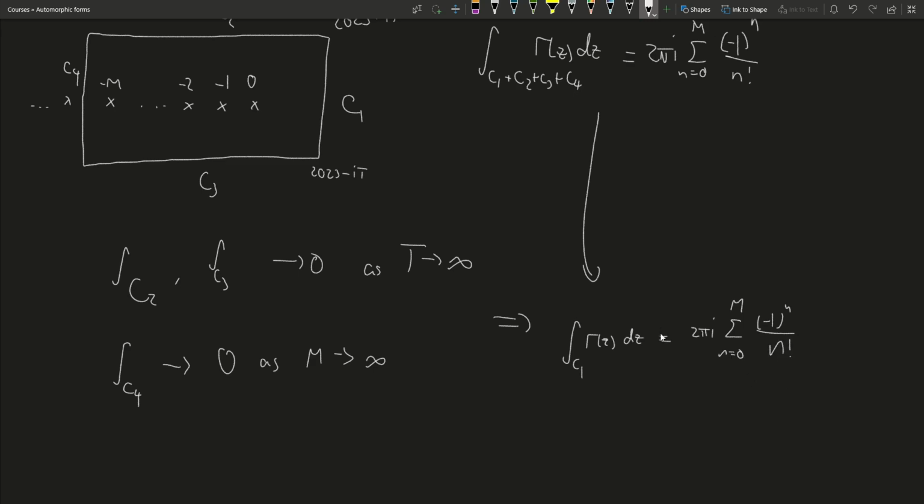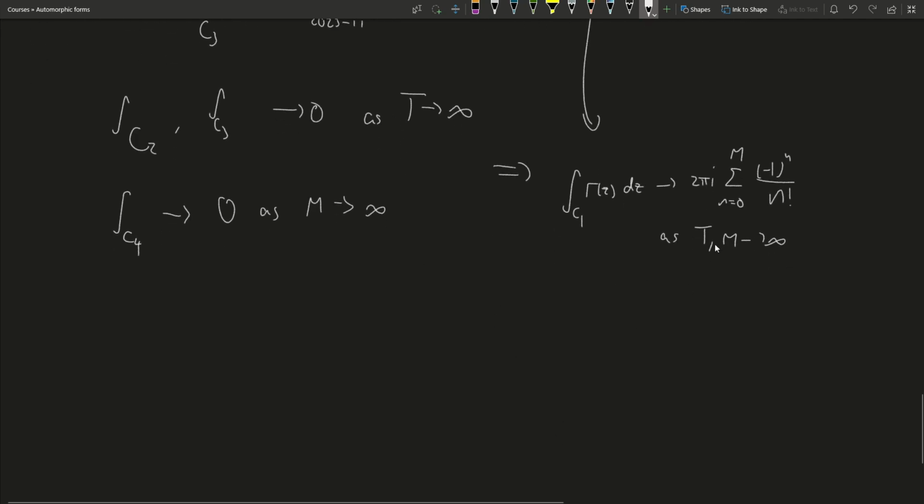And I shouldn't write equals here. I should really write tends to, as t and m go to infinity.